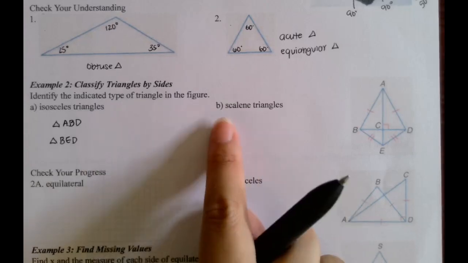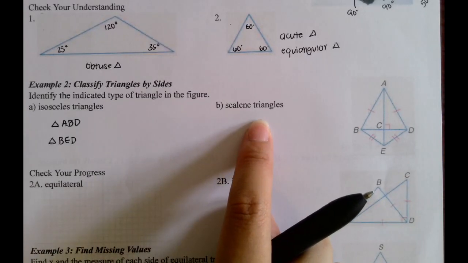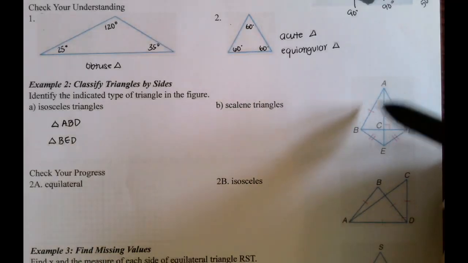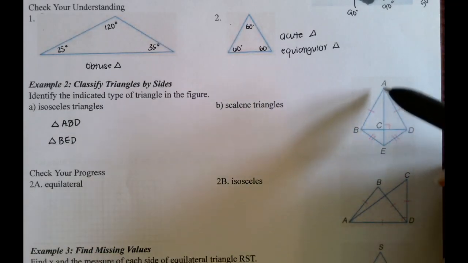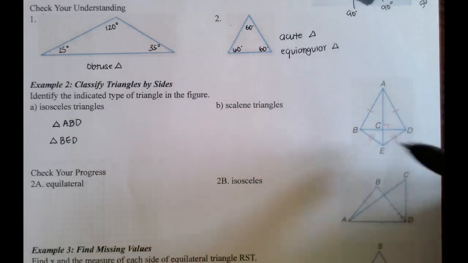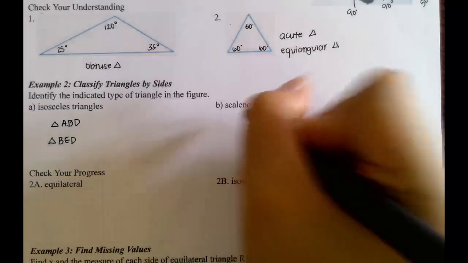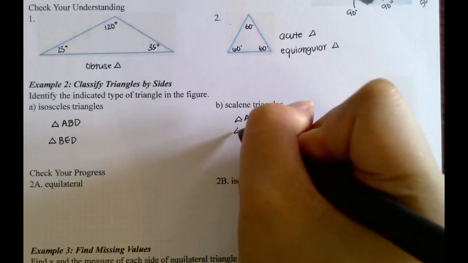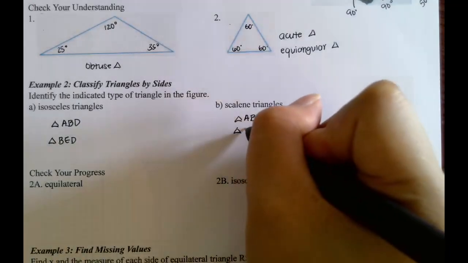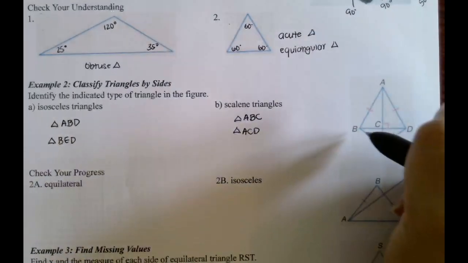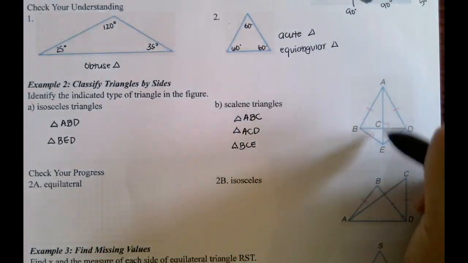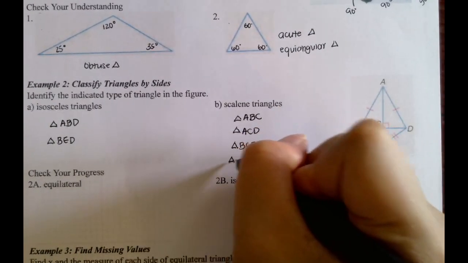Okay. Scalene triangles are triangles where they're all different side lengths. Okay. So we have four of them, one here, one here, one here, and one here. So one is triangle ABC, triangle ACD, triangle BCE, and triangle CDE.